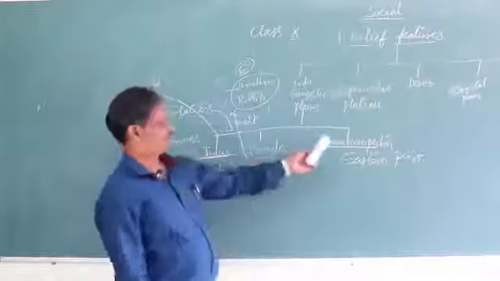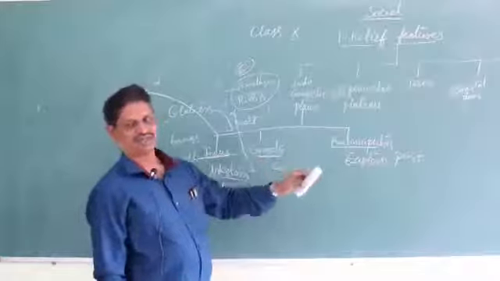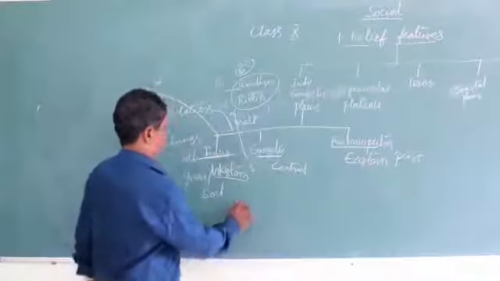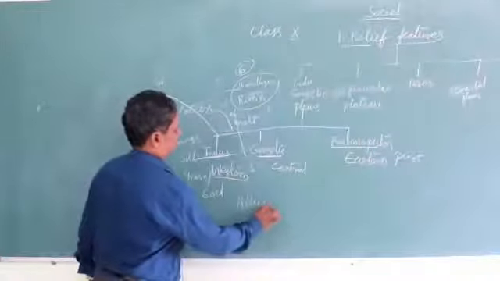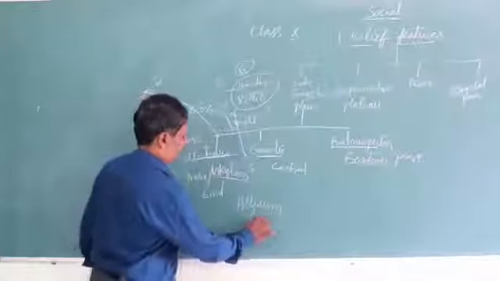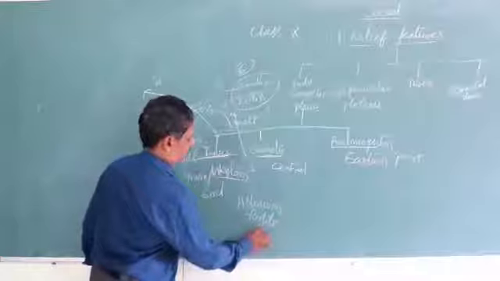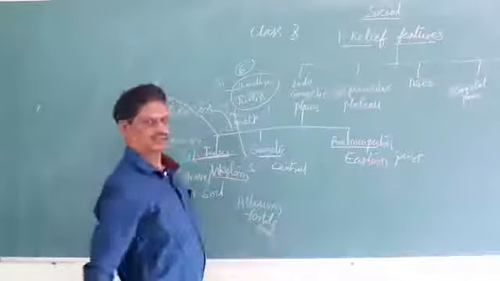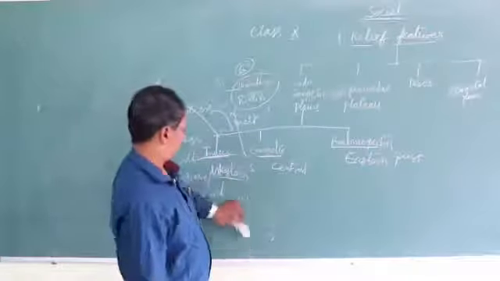So these three plains are formed by alluvium soils, alluvium fertile soils.